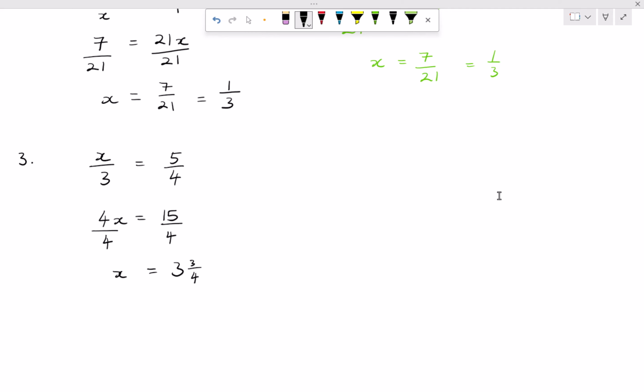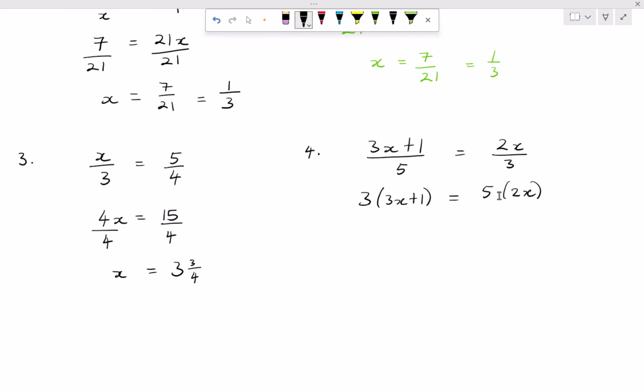Okay, another example, we have (3x plus 1) over 5 is equal to 2x over 3. So we cross multiply, whereby we have 3(x plus 1) is equal to 5 multiplying 2x.